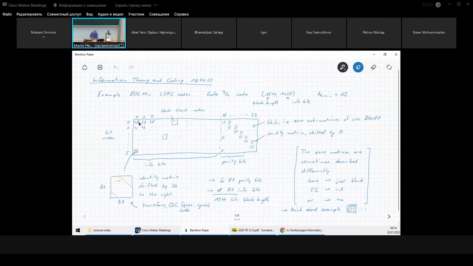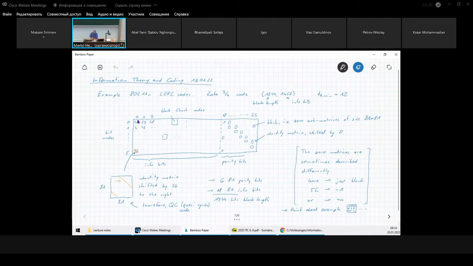Here in this example, we have blocks of size 81 by 81. So a number of 48 here means we have the identity matrix shifted 48 times to the right. So this will result in a matrix with such a structure. And at the end, to generate our parity check matrix, we need to replace this 48 here by a matrix of size 81 by 81, a cyclically shifted identity matrix.